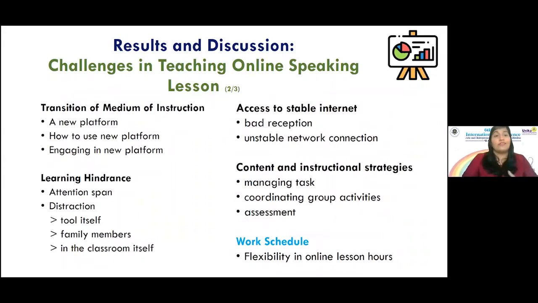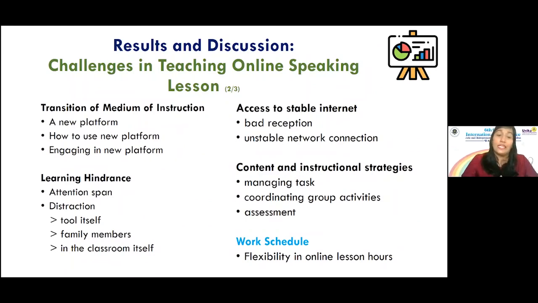Google Meet and Zoom are new platforms, and both students and teachers are learning how to use them. Teachers learn how to use the platform fairly quickly, but the students are very confused as to how to engage in that platform. Most of them don't know when to speak, they don't understand certain cues. So these are the problems that arise.